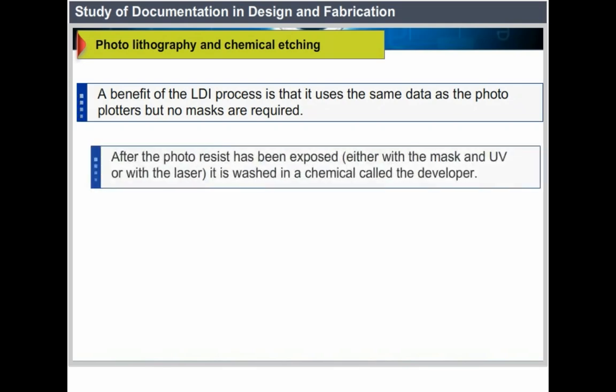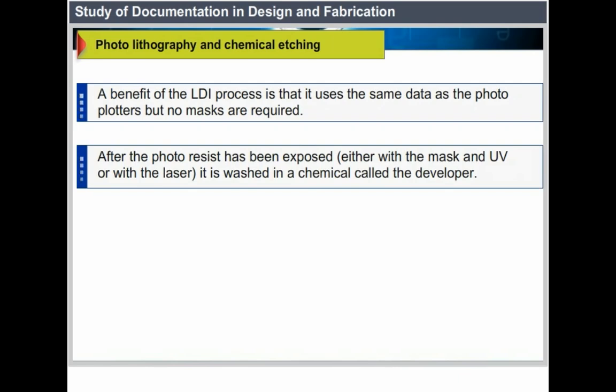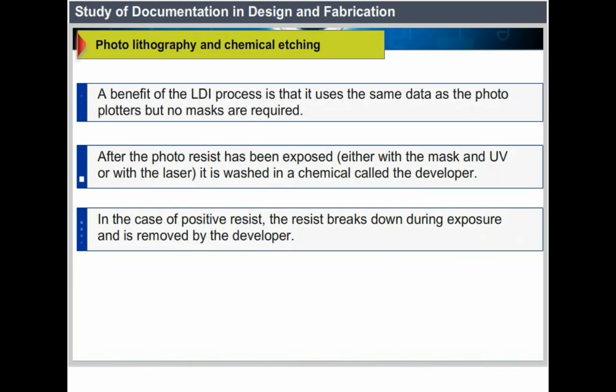After the photoresist has been exposed, either with the mask and UV or with the laser, it is washed in a chemical called the developer. In the case of positive resist, the resist breaks down during exposure and is removed by the developer.